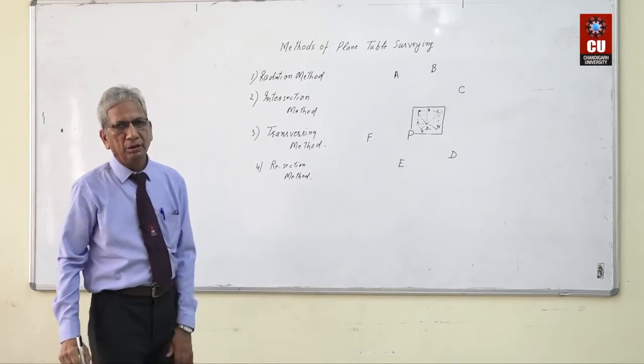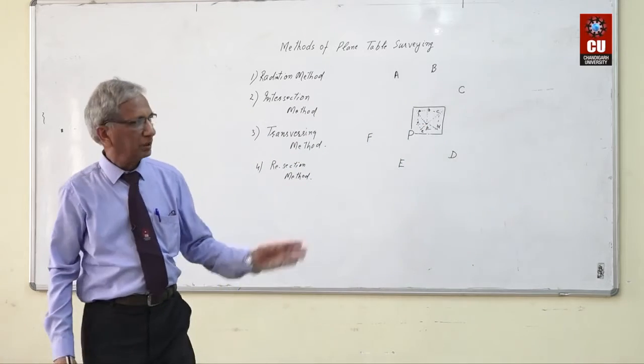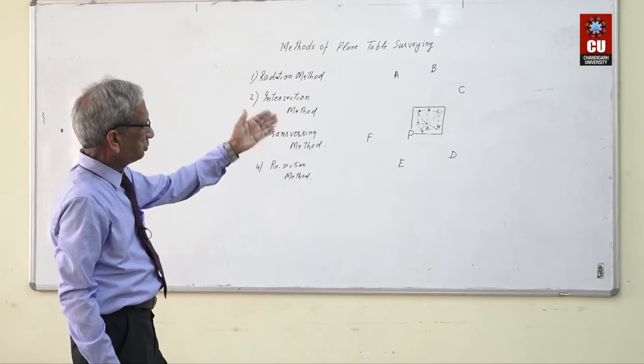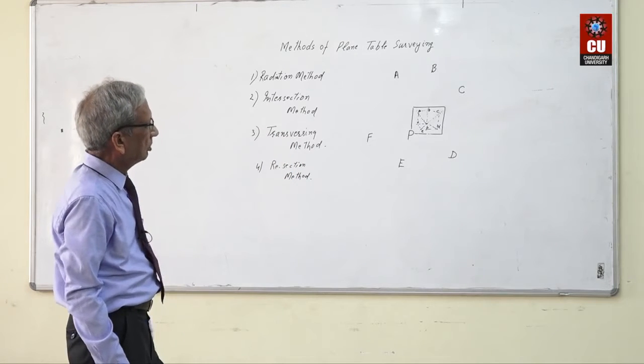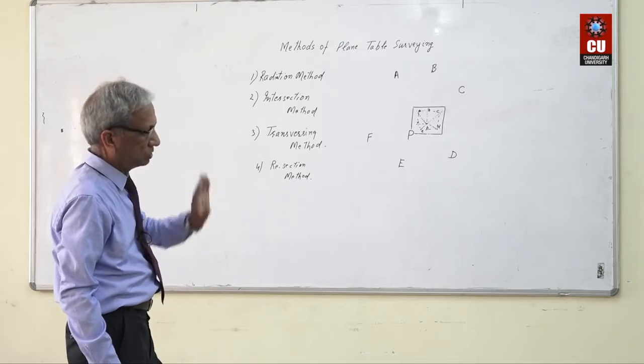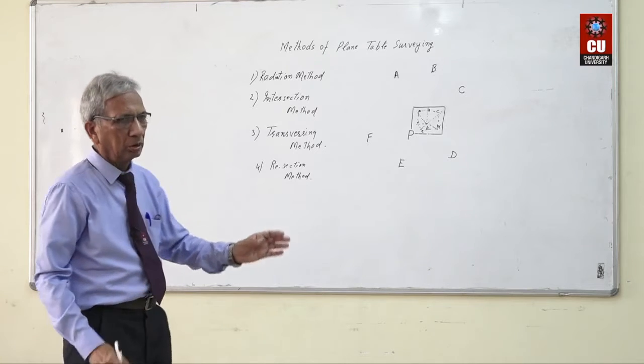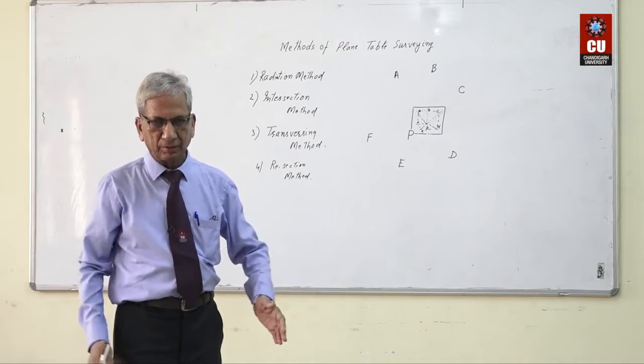This is called radiation method. With the radiation method, we have plotted various points on the drawing sheet by measuring the distance. This method is useful for a small area.